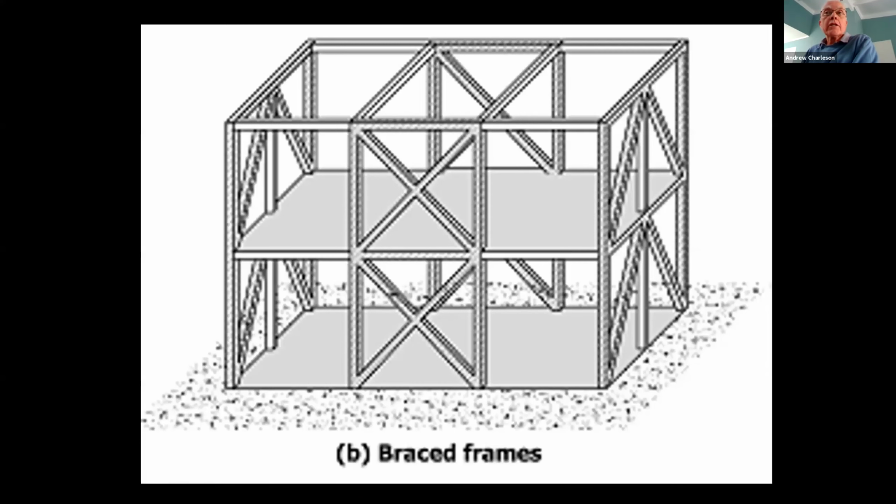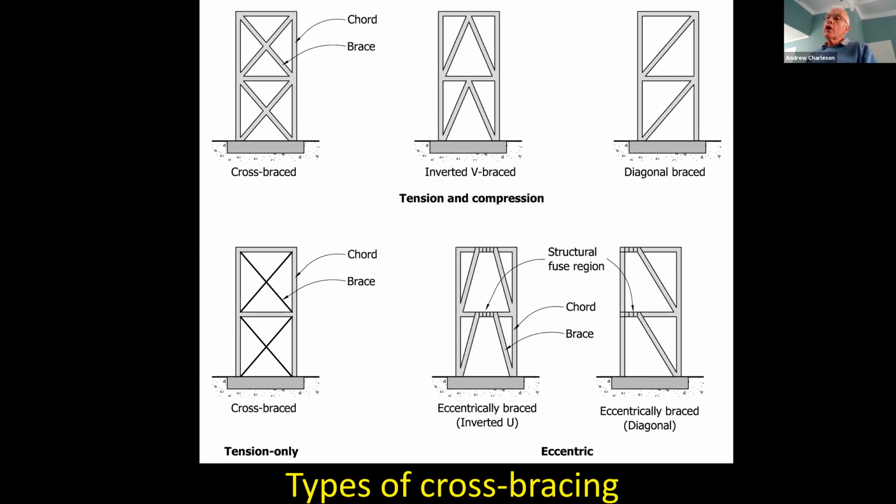The next type of system is a braced frame. And braced frames work through triangulation. If you have members that are triangulated, that creates a strong structure. And so when it comes to braced frames, you architects can choose the type of frames you want.